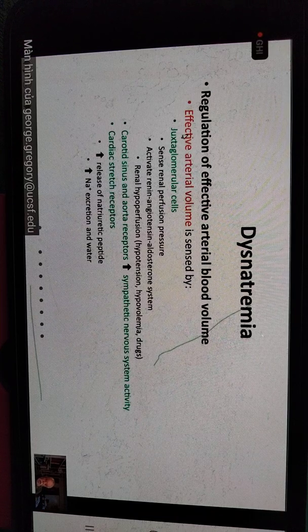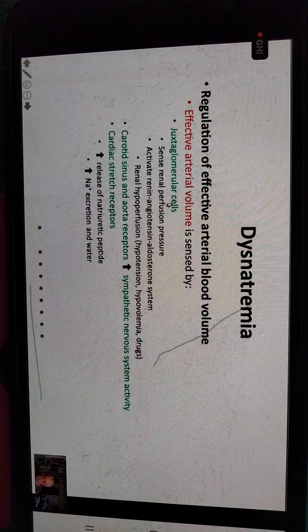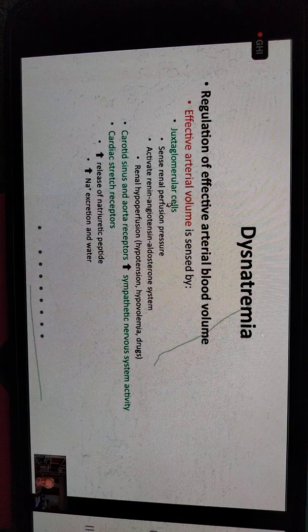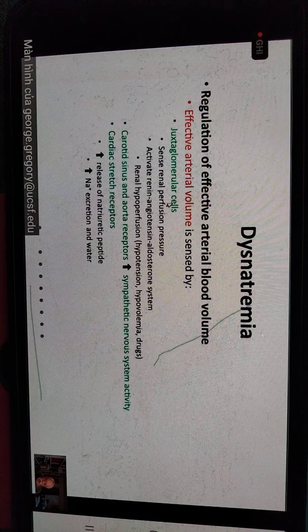Okay, so we want to talk about the effective arterial volume and what it's sensed by several things. The first is the juxtaglomerular cells. As we all know, they are cells in blood vessels that perfuse the glomeruli of the kidney, and so they sense the renal perfusion pressure. If the pressure is high, it tells the kidney that they don't need any more fluid.